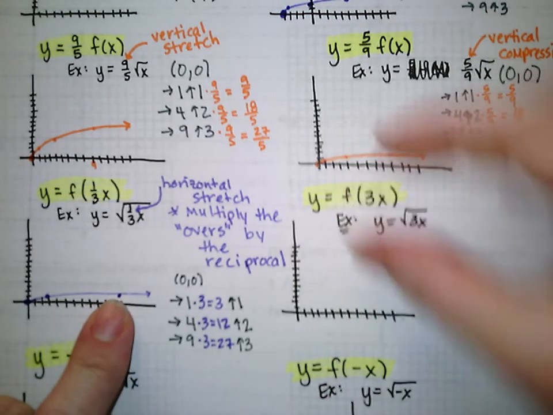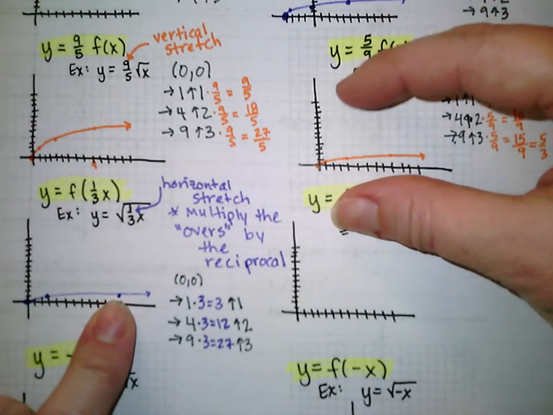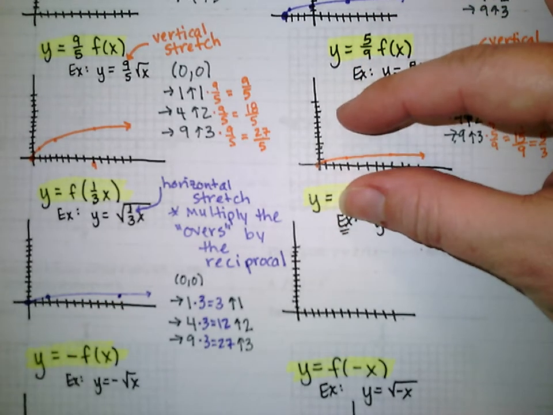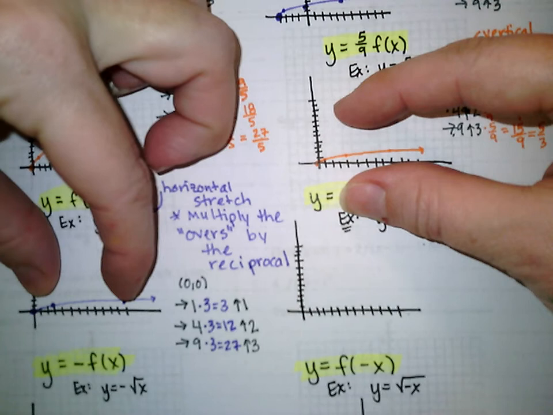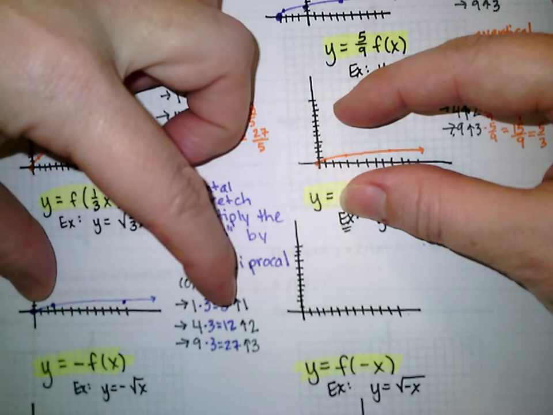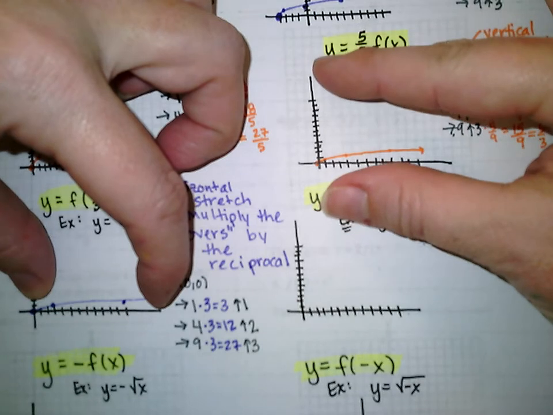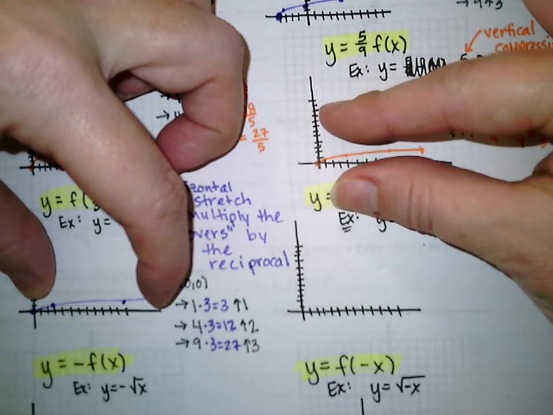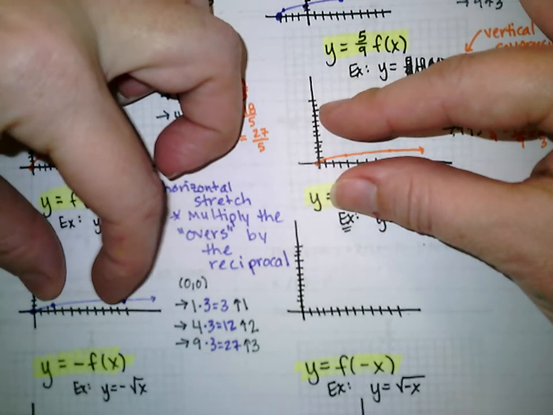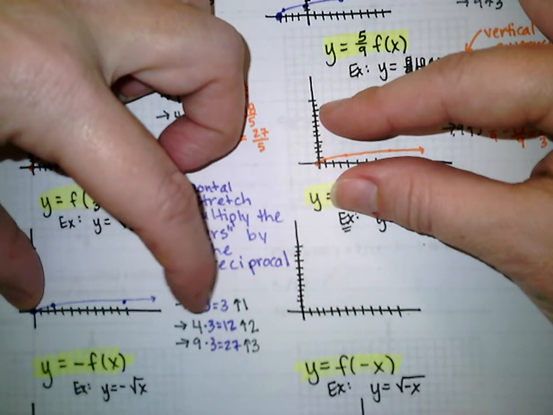On a vertical compression, I'm squishing the height of each of the x values. On a horizontal stretch, I'm stretching out. Did I say the height? Those are the y values. So I keep the x values the same. I compress the y values. On this one, I keep the y values the same and I stretch the x values.